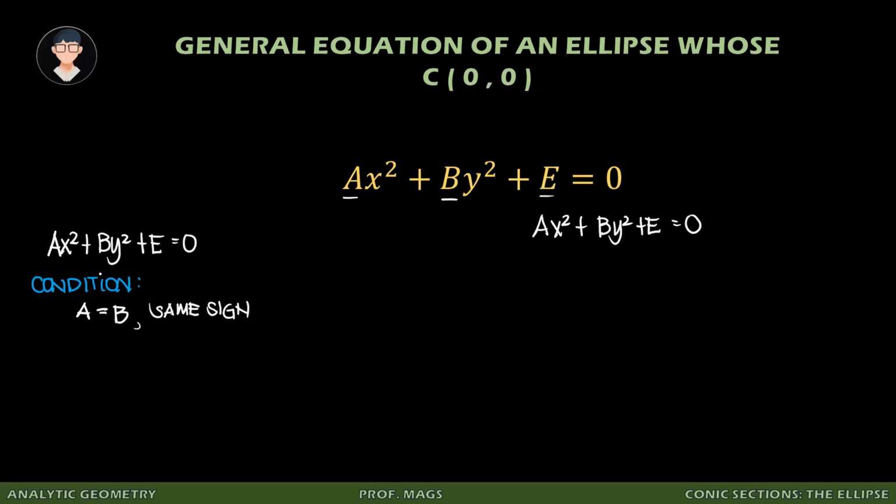Okay, ibig sabihin, ang value daw ng A dapat equal sa value ng B. Kung ito ay positive 5, ito dapat ay positive 5. At dapat same sign sila. Bawal na magkaiba. Bawal na positive 5 ito naman may negative 5. So dapat positive 5 ito, dapat ito naman ay positive 5 din.